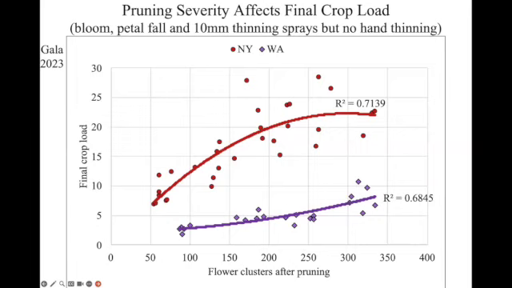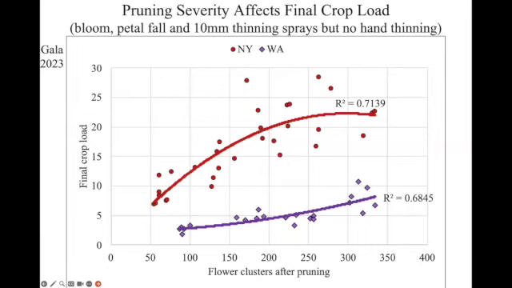Now, the interesting thing is that just pruning alone has an influence on the final number of fruits you end up with. So on the y-axis is the final crop load. Now, these trees, after they were pruned, received a full normal program of chemical thinning that was based on the local person's strategy. And so in Washington, they thinned a certain way, we thinned a certain way in New York.